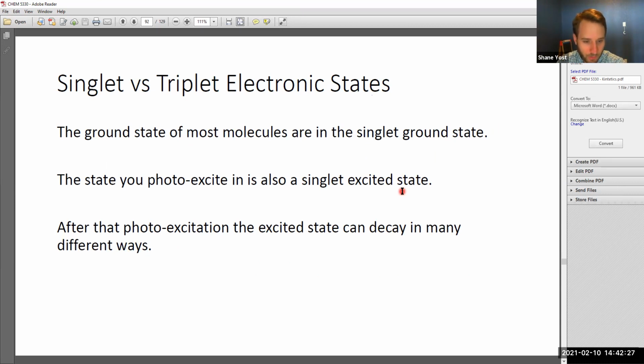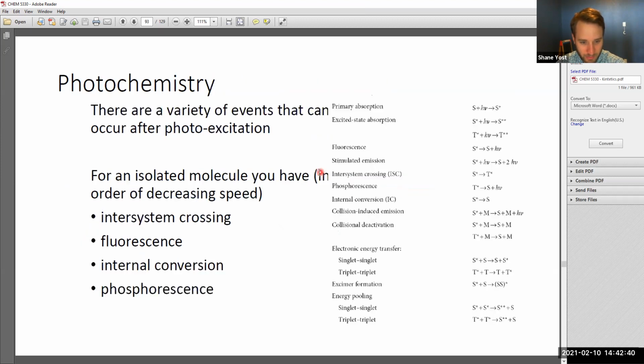So if you're in a singlet ground state, you're going to absorb light to get into a singlet excited state.